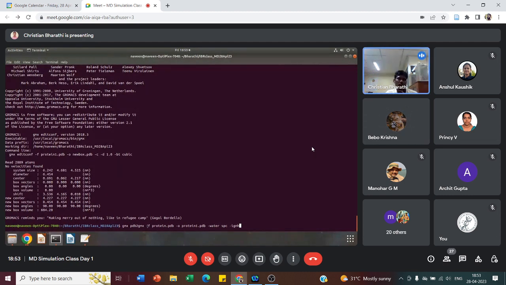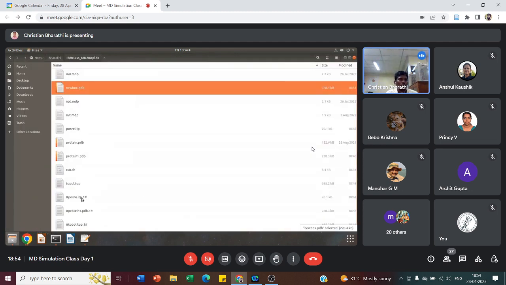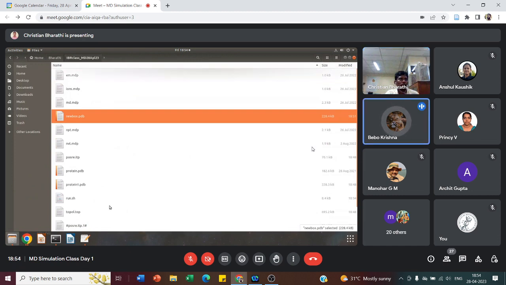GROMACS can process many input files. PDB is one of the formats, so we are giving that, and the output is also the same format. So there is no change in that, but the GROMACS tool needs many things. A topology file is necessary. Sir, what is a topology file?